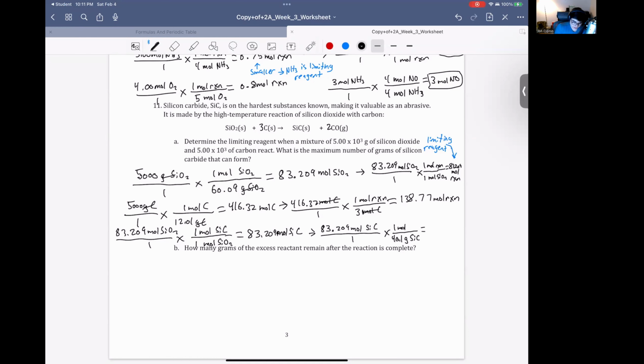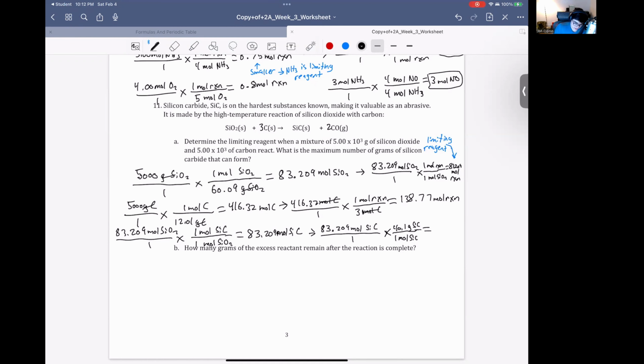And then you should end up getting 2.07. Wait a minute. Oops, these are upside down. All right, so the answer is off. Sorry, it should be multiplying by the molar mass. So 40.1 grams over 1 mole.